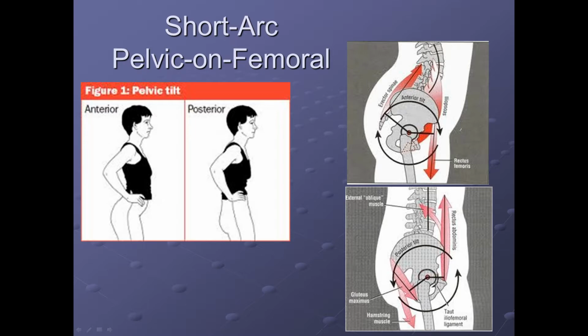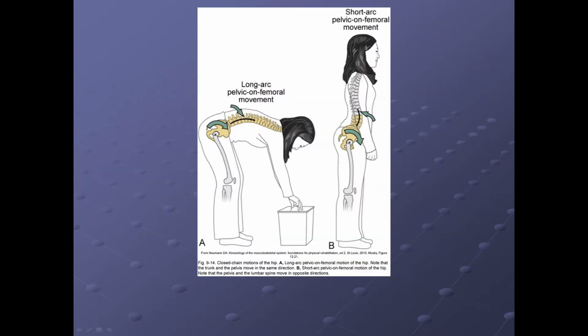So this is a way to be in hip flexion and hip extension without moving your leg. You're just moving the pelvis and your femur is stationary. So that's short arc or pelvic on femoral hip flexion and hip extension, sometimes also called postural hip flexion or extension.